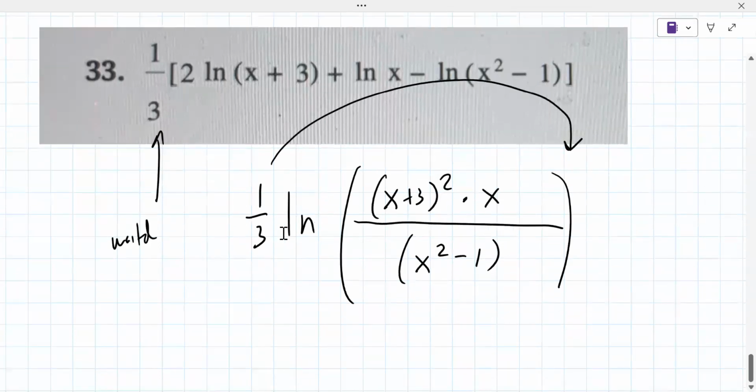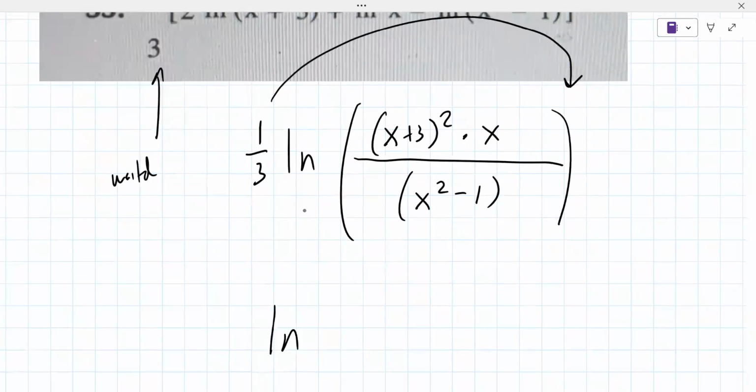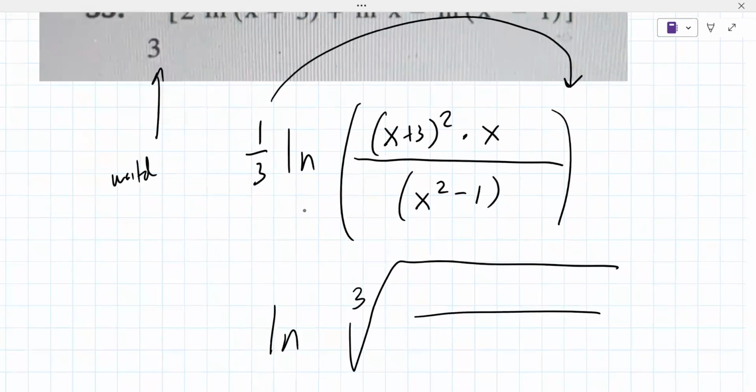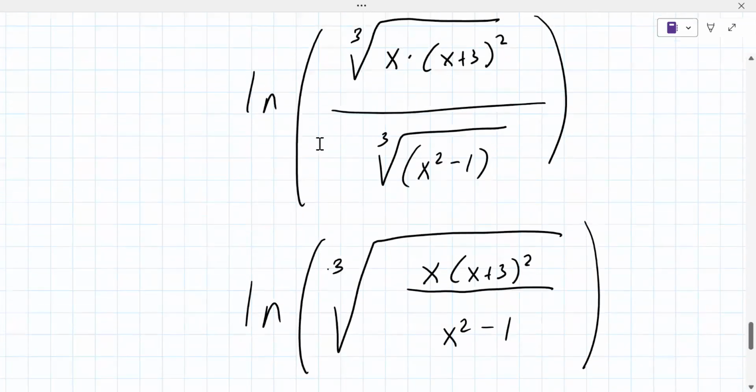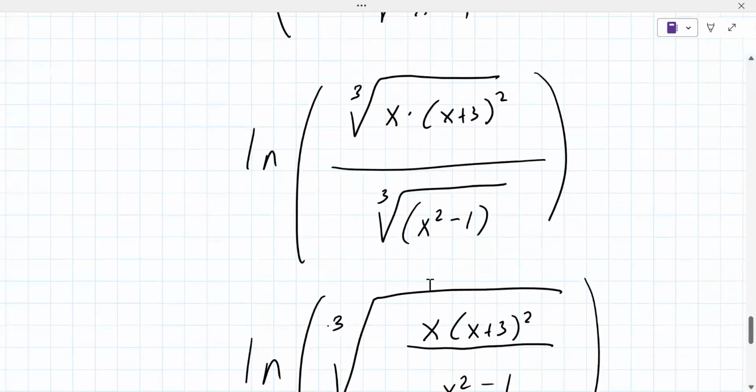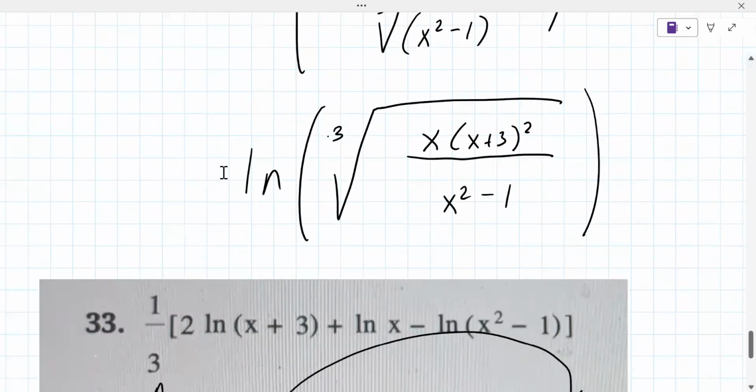You follow that? And then now it's the natural log of the cube root of x times x plus 3 squared over x squared minus 1. This is a great exam question because the answer space, any of these lines are correct. It's most likely going to be in this form, but I don't write your test.